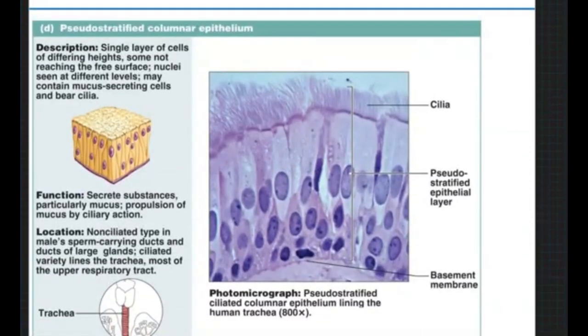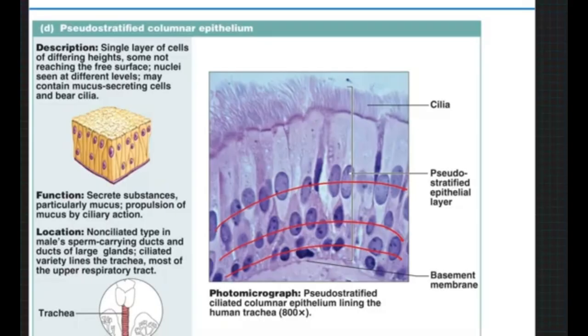Pseudostratified epithelium, I find it boring. So one layer of nuclei, another layer of nuclei, another layer of nuclei. But if you look at the cells, they just have a weird shape. It's still one layer. They just have nuclei at different heights, levels, yes. Okay?